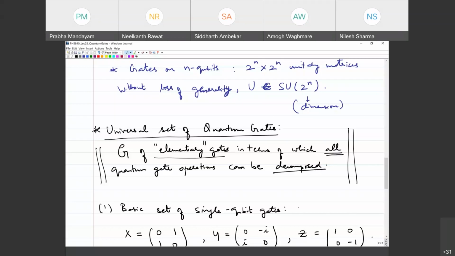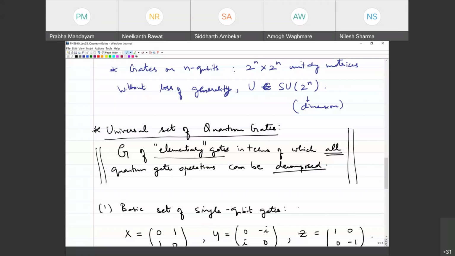So in the case of classical computation, the statement is that all Boolean functions can be realized in terms of a few elementary Boolean functions. In fact, there are single Boolean functions like the NAND gate, which are universal.